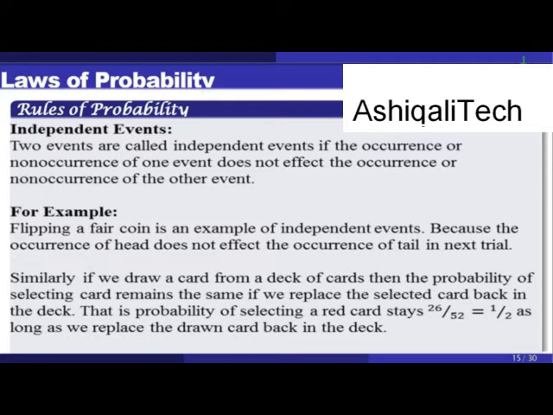Similarly, if we draw a card from the deck of cards, then the probability of selecting a card remains the same if we replace the selected card back in the deck. That is, probability of selecting a red card stays 26 by 52, that is 1 by 2, as long as we replace the drawn card back in the deck.